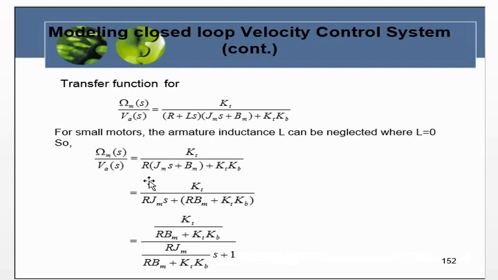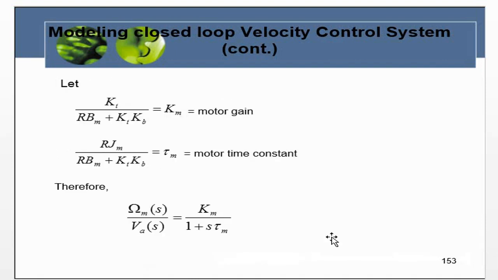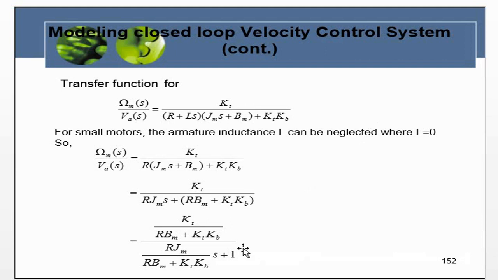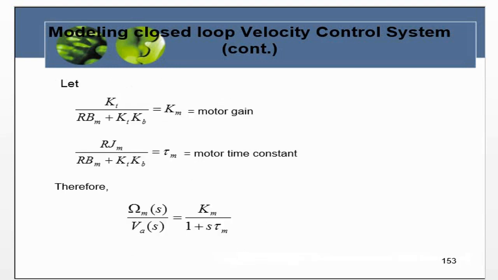If we multiply R inside the bracket, we get R JmS plus (R Bm + KtKb). If we divide all sides by R Bm + KtKb, we get this formula.